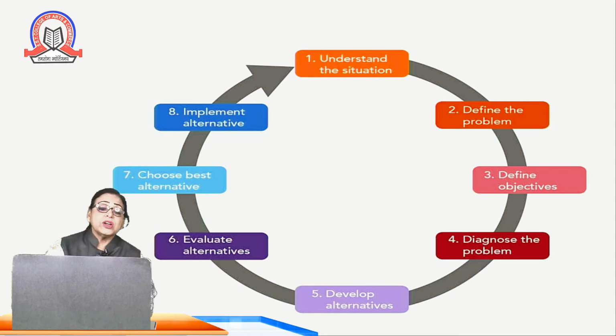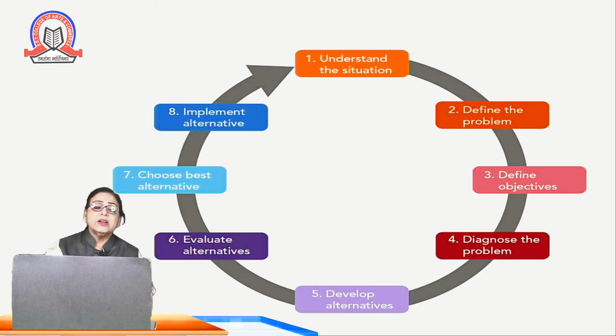An in-depth study is to be done of the available alternatives, and then the seventh step comes, that is choosing the best alternative. Amongst the available and possible to implement alternatives, we select the best one, which is practically possible at the moment or in that particular situation.